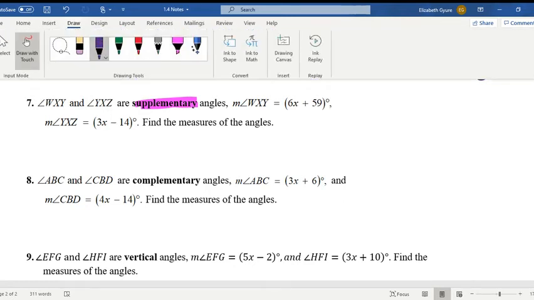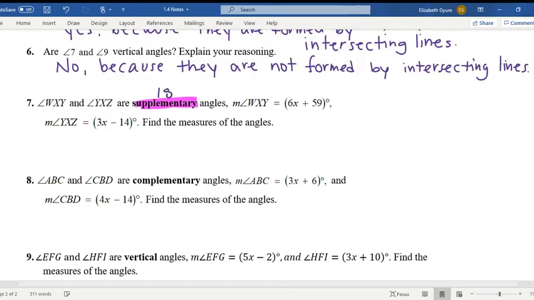So we are going to apply the angle addition postulate that we learned in our last section and take one part of our angle plus another part of our angle and set it equal to our whole, which is 180. So I'm going to take 6x plus 59, that's my one angle, plus 3x minus 14, that's my other angle, equals the whole thing, which is 180.